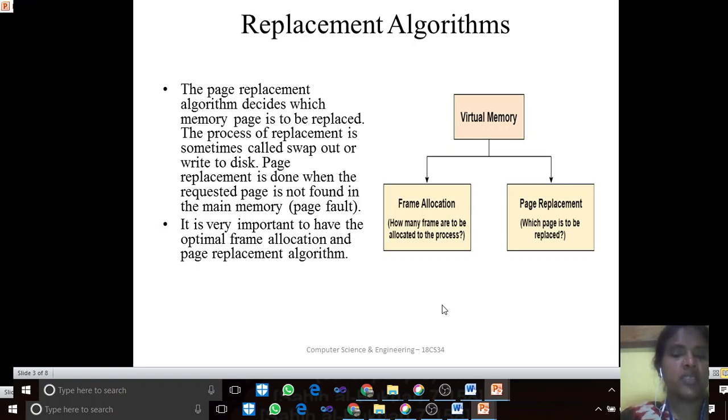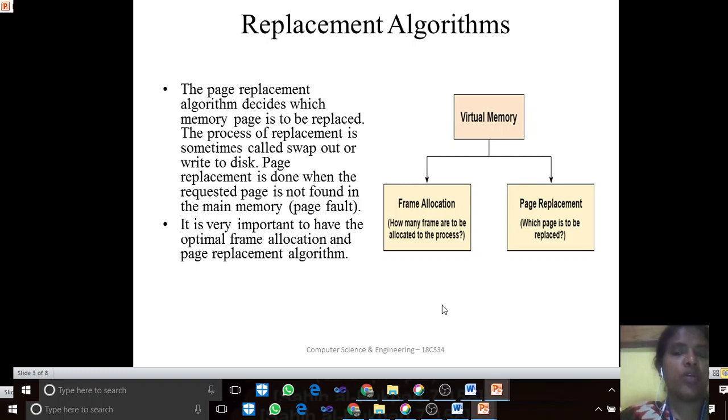In that case, it has to create room in the cache memory by replacing an old block with the required new block from the main memory.